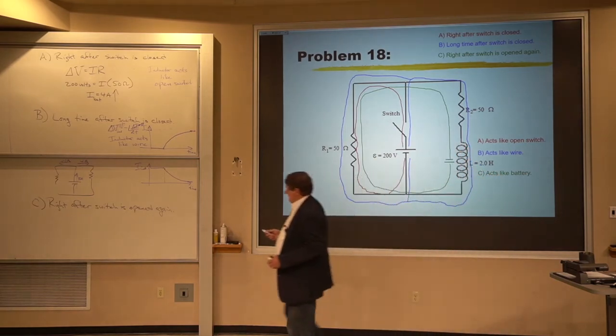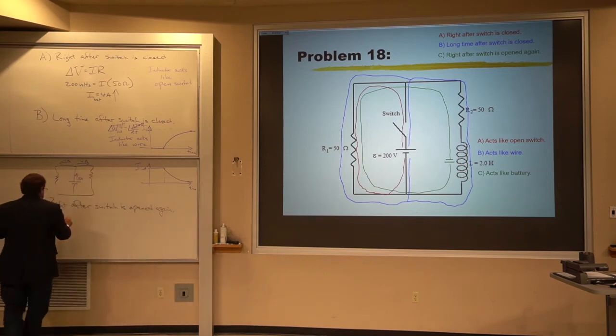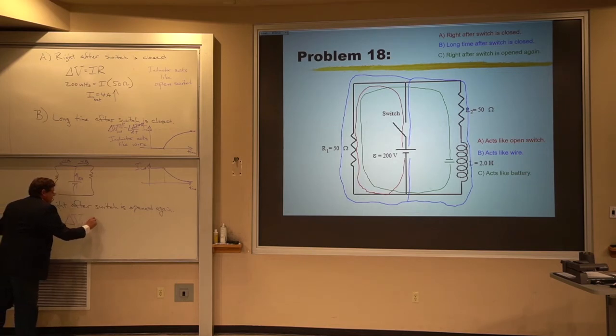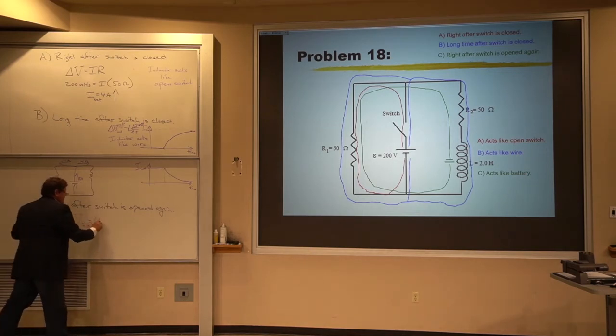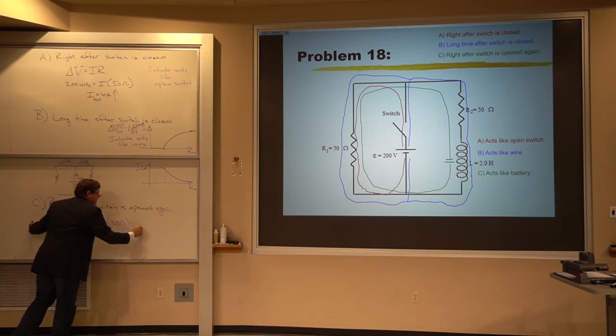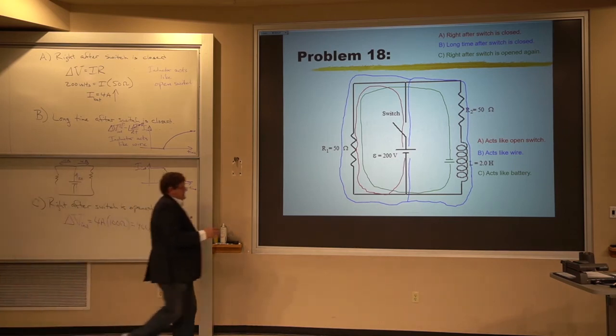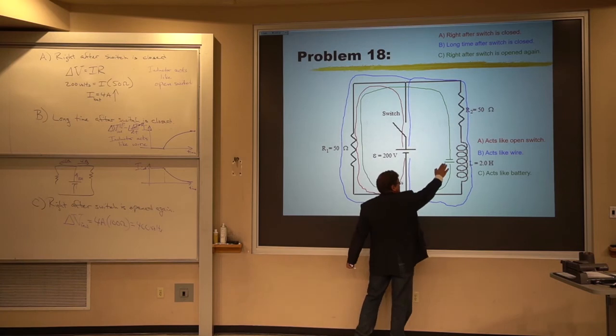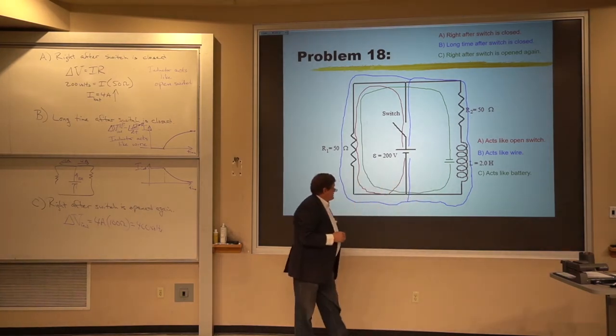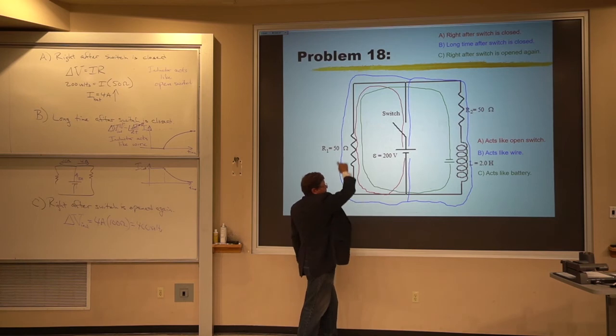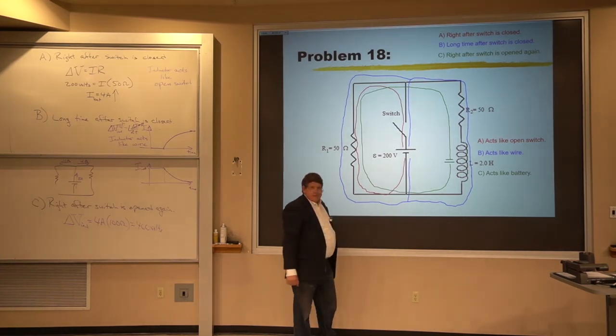So now the voltage of the inductor has to be enough to drive 4 amps through 100 ohms. That's V equals IR. That's going to be 400 volts. Okay, and it's going to be oriented such that the positive terminal of that make-believe battery is down to drive the conventional current clockwise. Okay?